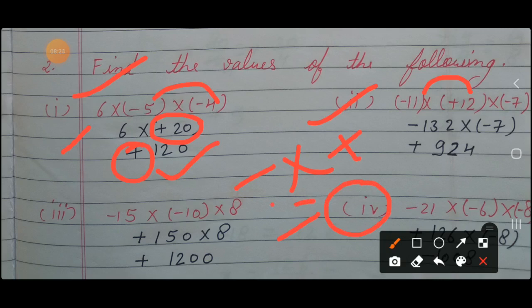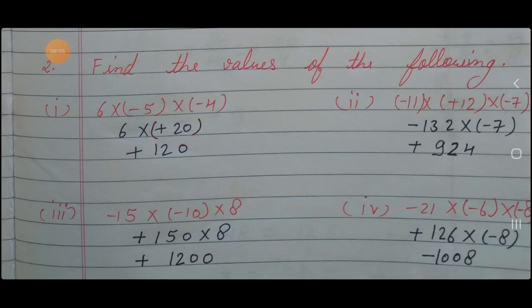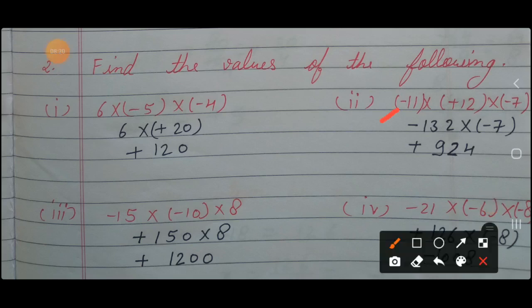Minus plus minus will be there. 11 multiply by 12, minus 132, and multiply by minus 7. Now both are negative. Minus multiply by minus, plus will be there. 132 multiply by 7, 924.